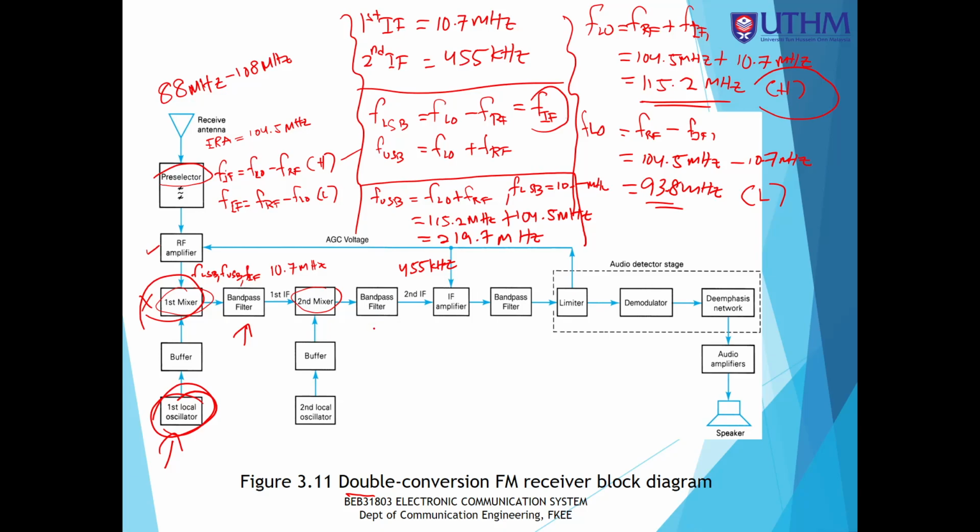Again, we don't know how much the second local oscillator is that I need, but I know that the second IF that I should produce is 455.